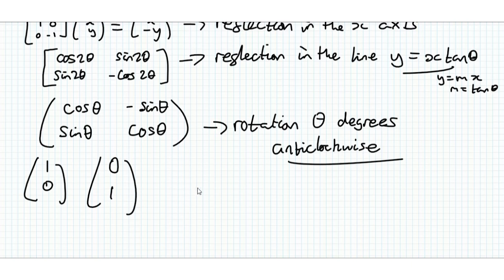The only other thing is, how do we combine these together? As an example, you might want to find the matrix which represents the transformation of a 90-degree rotation anti-clockwise, followed by a scaling of 2 in the x direction. So you have a point (x, y), and you want to move the point 90 degrees anti-clockwise.